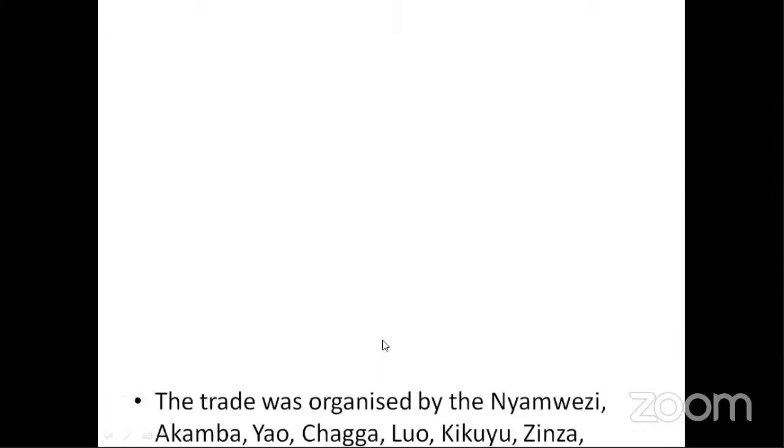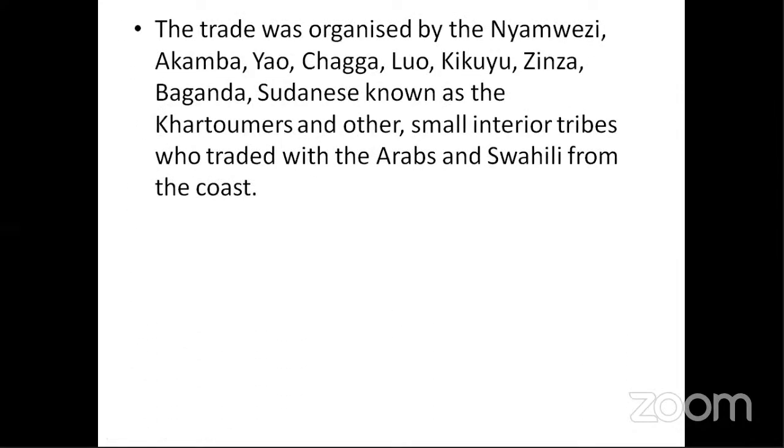There is this other statement here that trade was organized by the Nyamwezi, Kamba, Yao, Luo, Kikuyu, Zinza, Baganda, Sudanese, also known as Katumas, and other slaves who traded with the Arabs and Swahili from the coast. I think you've seen most of the groups of people that got involved in the trade.